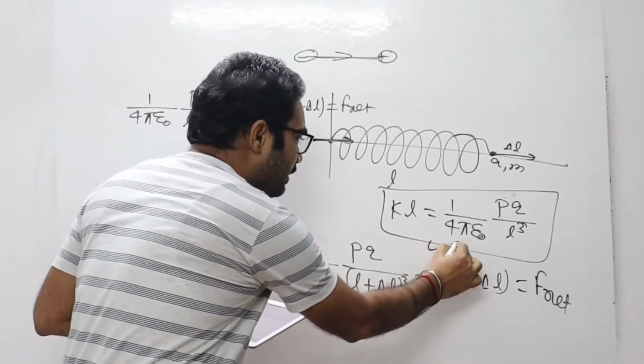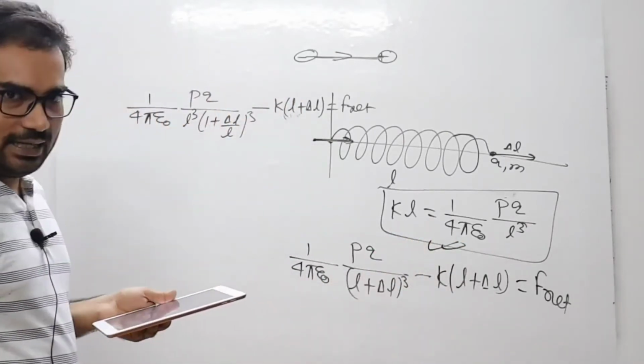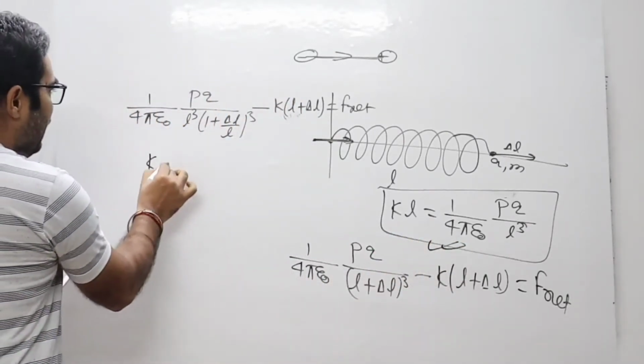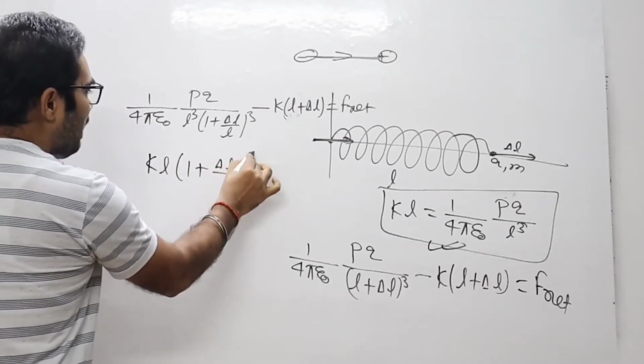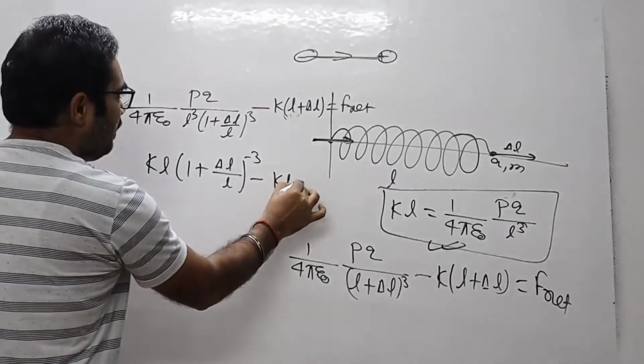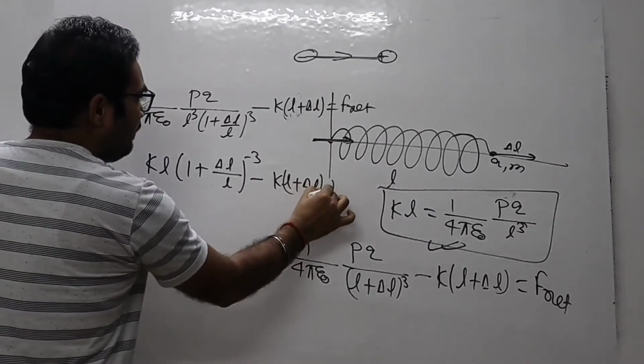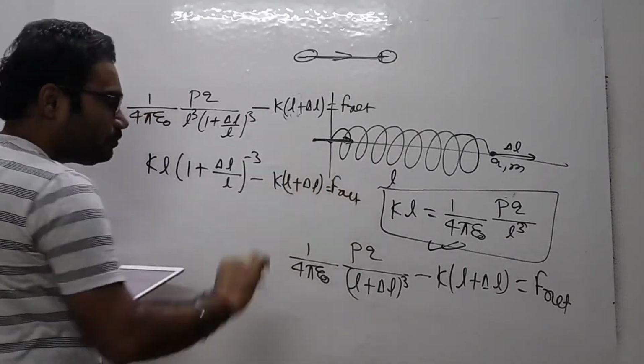It is equal to KL. So KL into 1 plus delta L by L to the power minus 3, minus K into L plus delta L, is equal to F net.